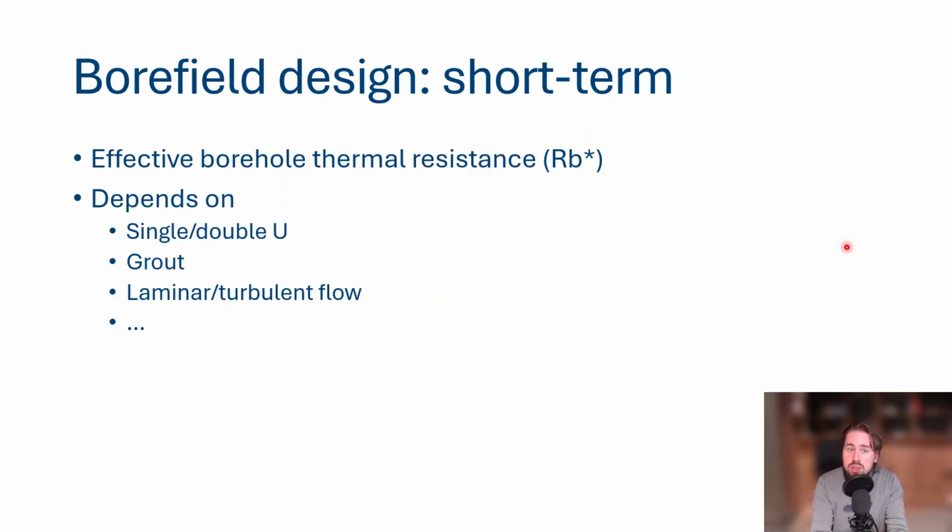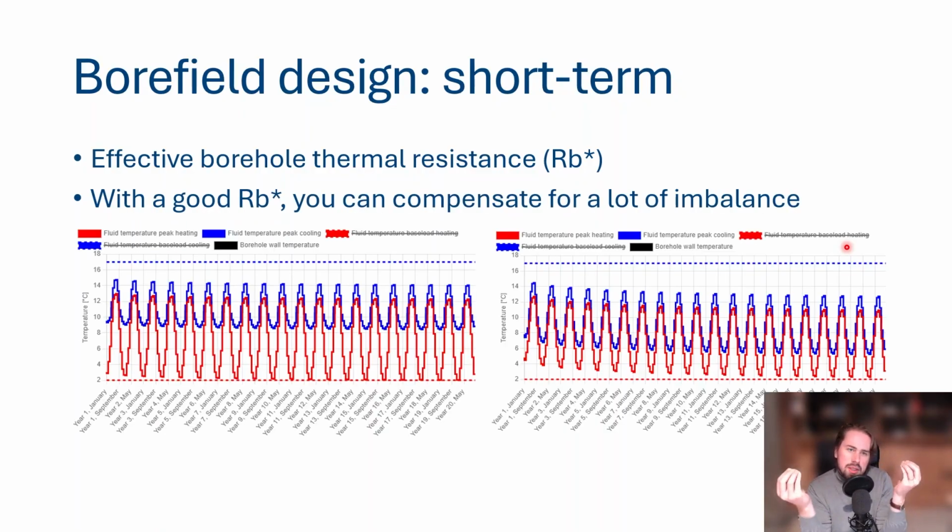We have a whole series about the single and W tube discussion. It's also linked in the description. But the idea here is that with a good borehole thermal resistance, you can actually compensate for quite a lot of imbalance. You can, as a manner of speaking, say that they are compensating for each other.